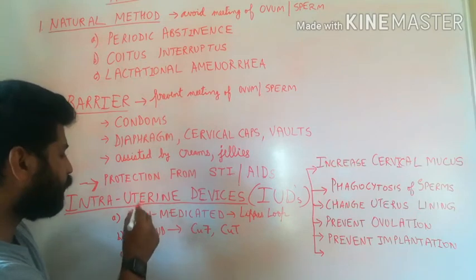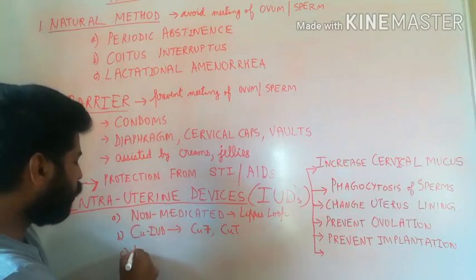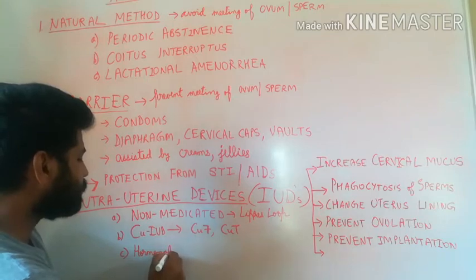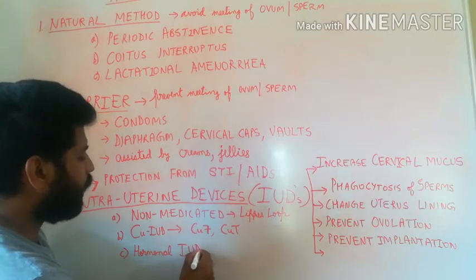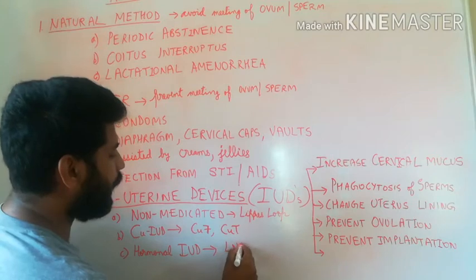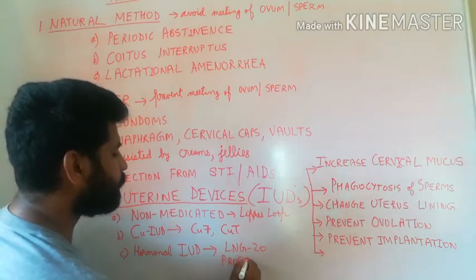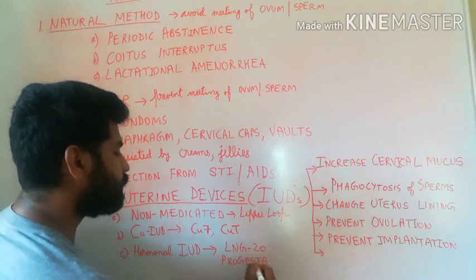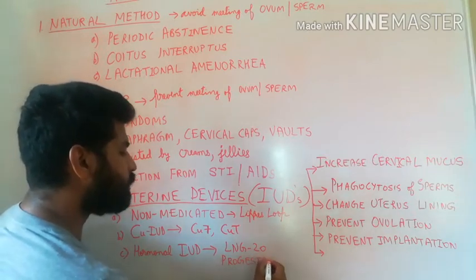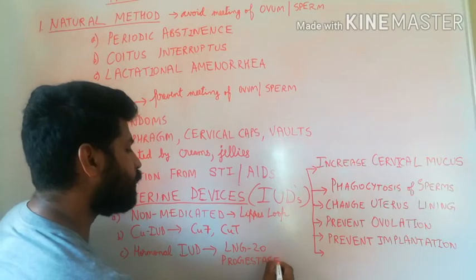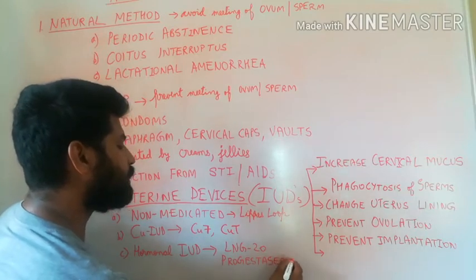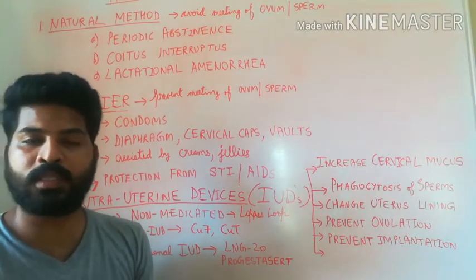And the third type of IUD are your hormonal IUDs. Hormonal IUD, for example, LNG-20, Progestasert. As the name suggests, the arms of the device, they release hormones.